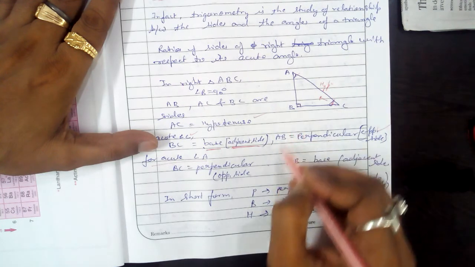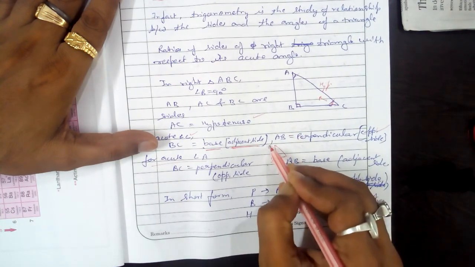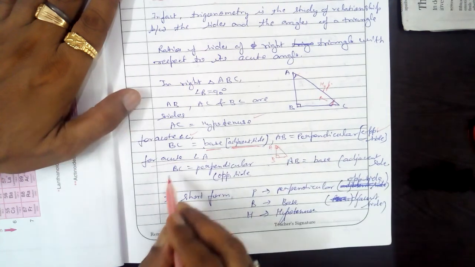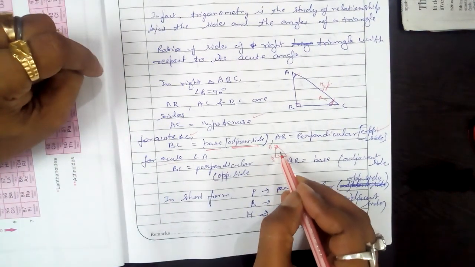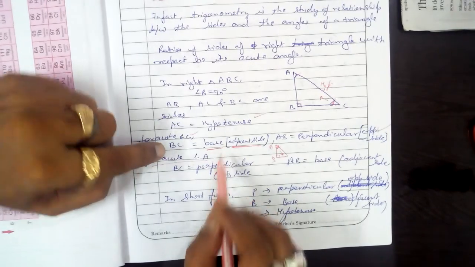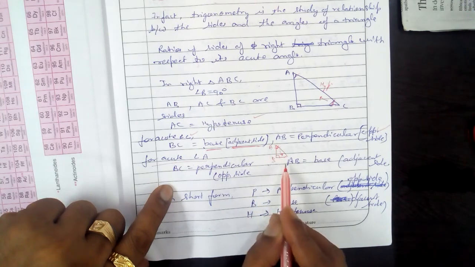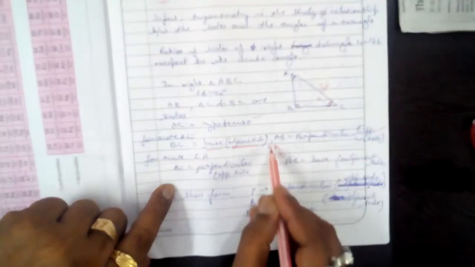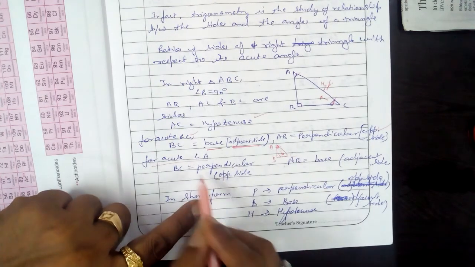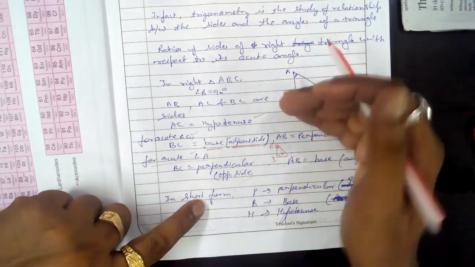Suppose you are taking angle A as the angle you want. For angle A, the opposite side changes. Earlier BC was the base, now BC is the perpendicular because BC is opposite of angle A. So it is the opposite side of the angle you are taking to make a trigonometric ratio.